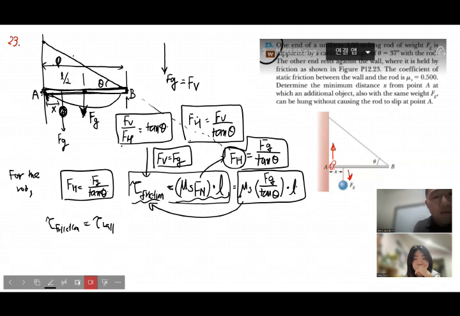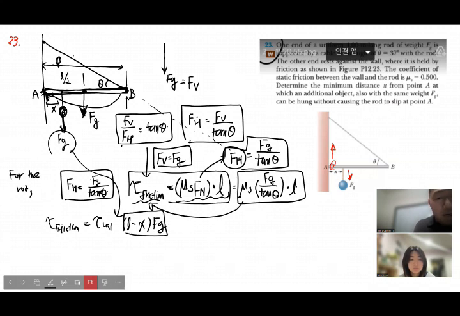If you think of B as the axis of rotation, the torque created by the ball should be L minus X times Fg. So this one and this one must be the same to stay in balance.